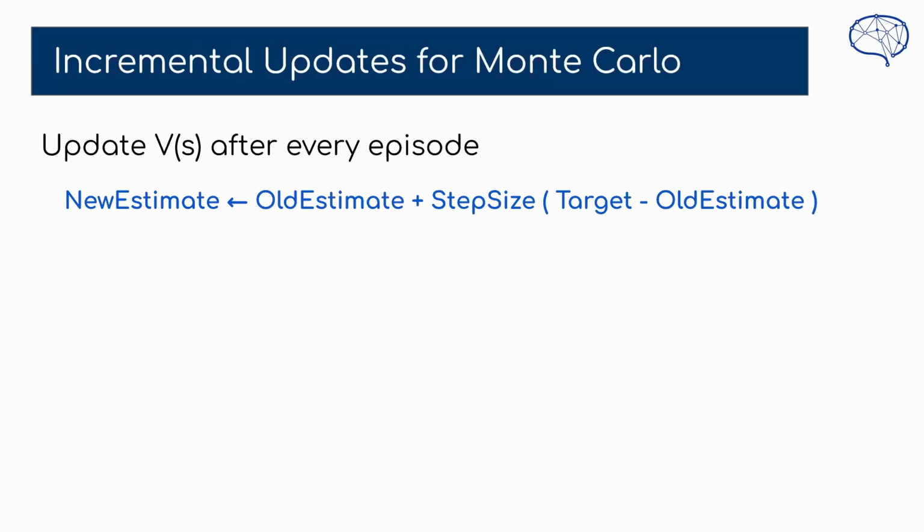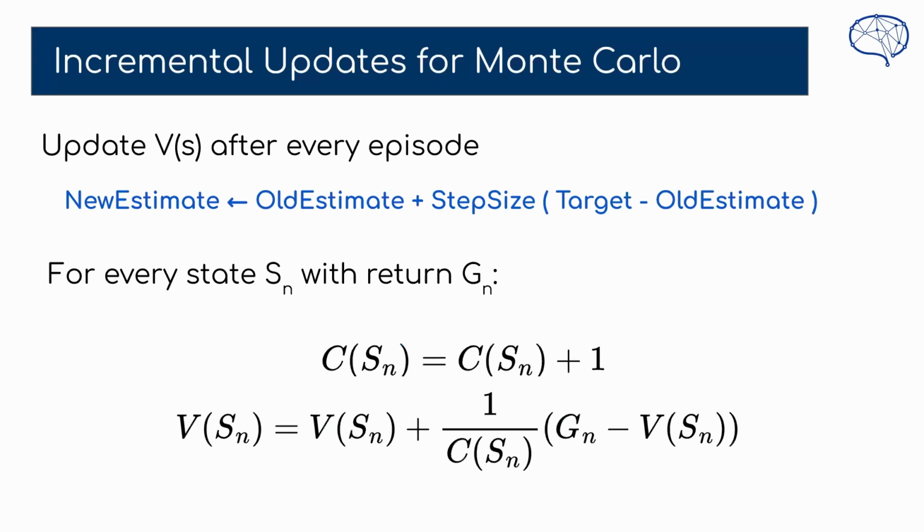Recall how we did new estimate equals old estimate, dynamic programming style? That's exactly what we're doing. You increment the count of how many times you've seen the state, like in k-armed bandits, how many times you've pulled this arm, and then you update your value based on that. It looks very similar to what we did for k-armed bandits, and that's because it is pretty much the same thing, but now we're in episodes.